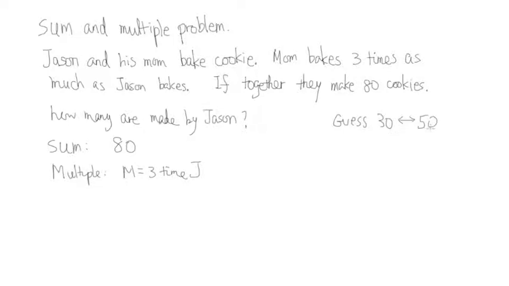Well, you should increase the amount that the Mom makes. So you should increase the 50, which means you should decrease the 30. You can guess 25, for example. Then 80 is split into 55 and 25, and you can compare them and see if it works, and it doesn't work either. Anyway, that's the idea. So you know roughly what the number should be.